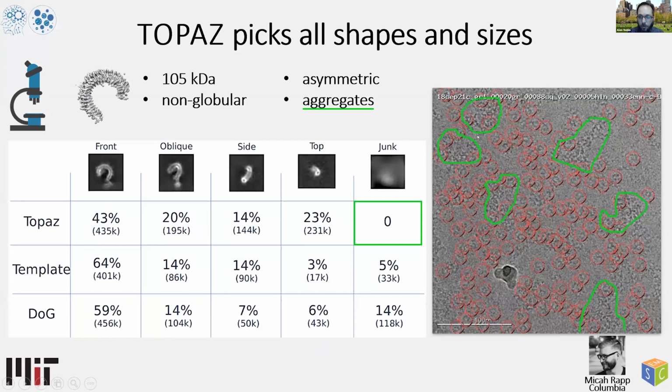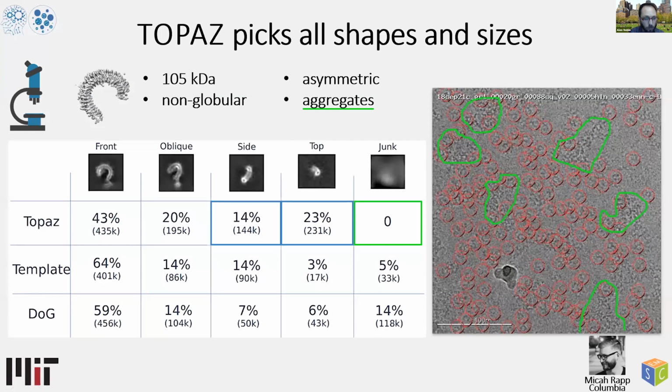The only junk that it actually picked were in micrographs that had black stripes because of Gatan K2 random black stripe issues. And then, as you can see in the middle right two boxes here, it picked on the order of a factor of 2 to a factor of 10 more difficult views, these side and these top views that are rather small in the projections.